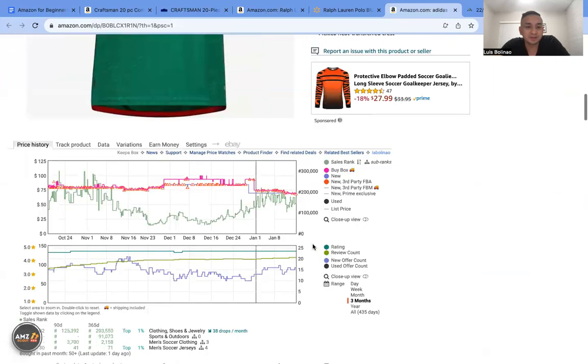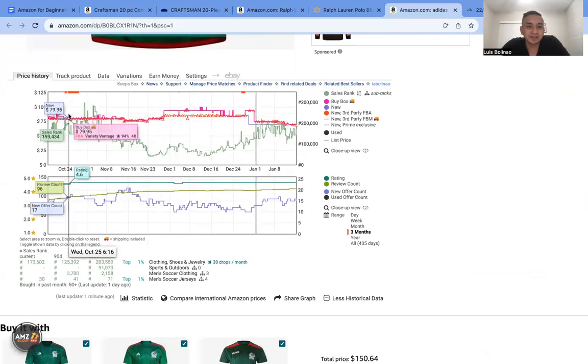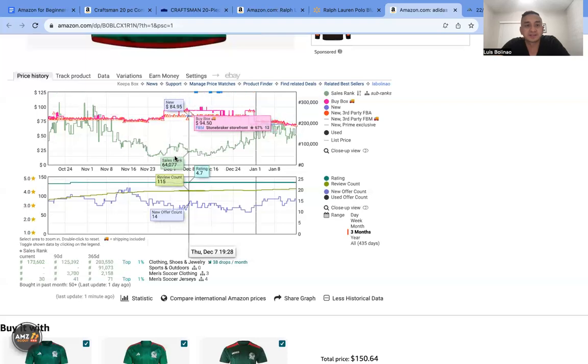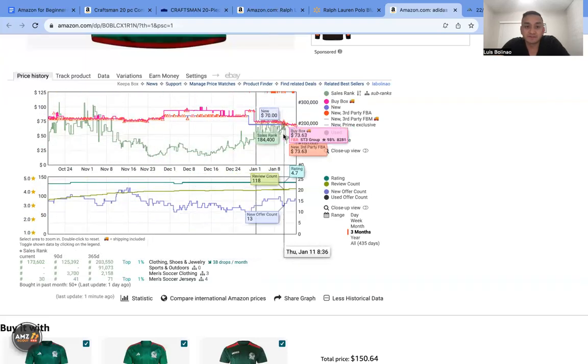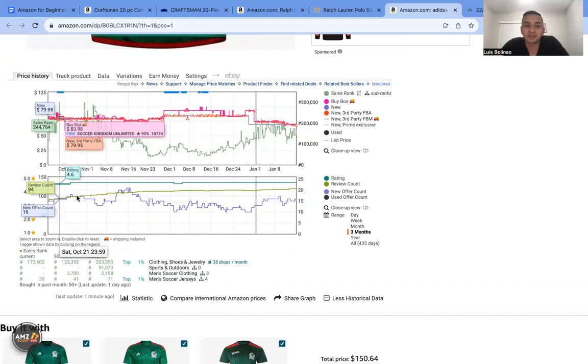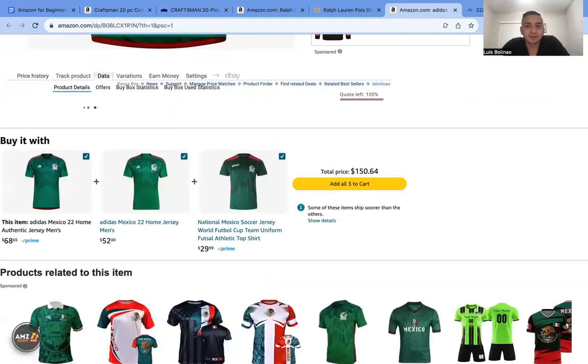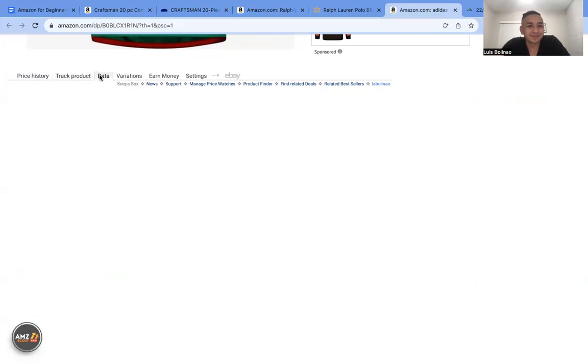And with Keepa, you can see the fluctuation of the price, the sales rank of the product, the graph, and the number of sellers and how they fluctuate. There's a lot more here, different data points.